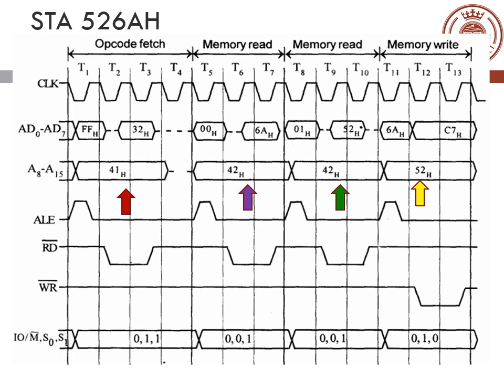You can see that in the fourth machine cycle the address is 526A. So that particular location is being identified, and the accumulator content 67H will be written to the address 526A. So this is how this particular instruction cycle is being shown. Altogether there are 4 machine cycles: opcode fetch, 2 memory reads and a memory write, and altogether you are having 13 T states.